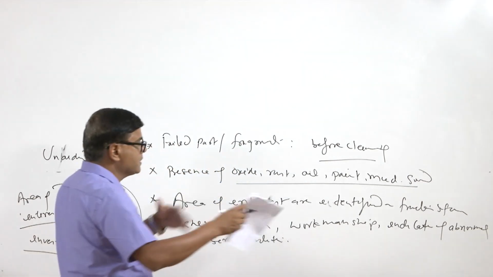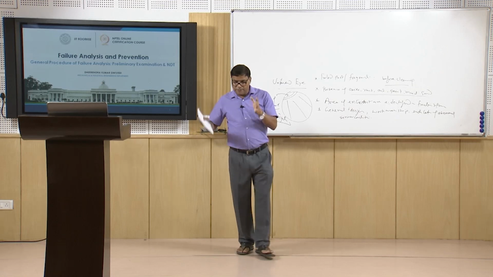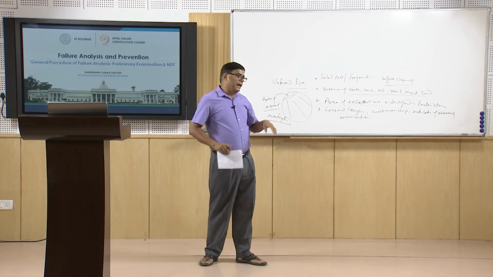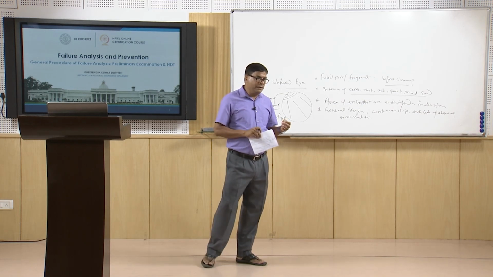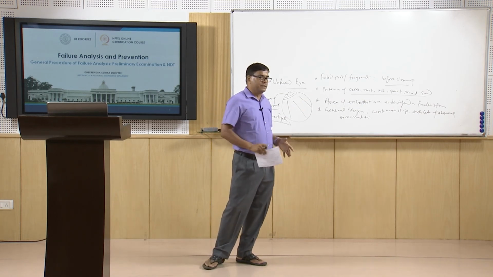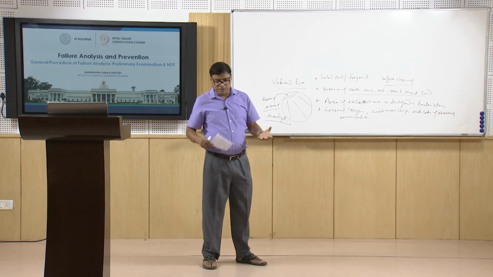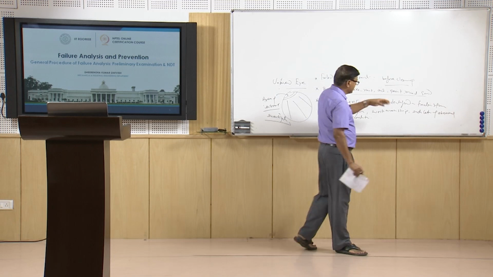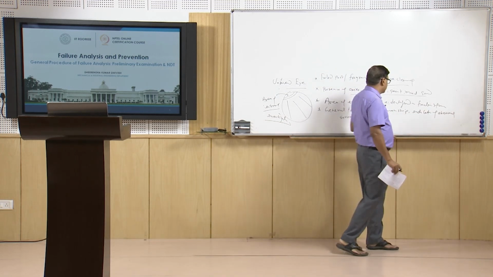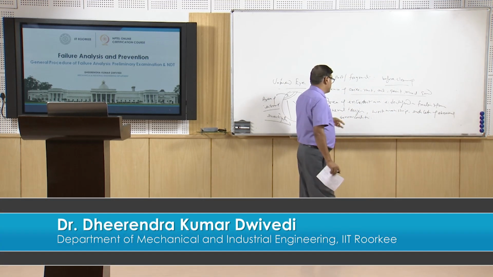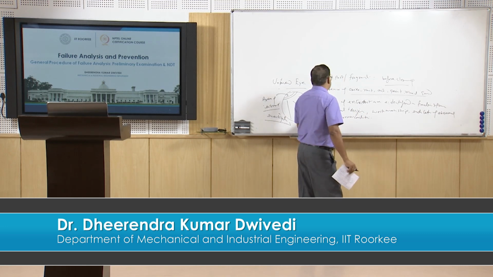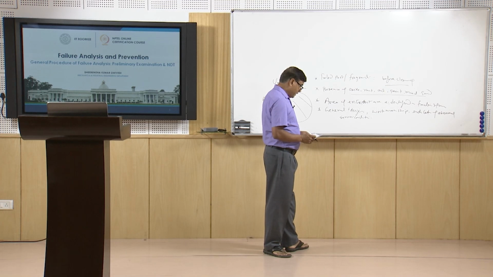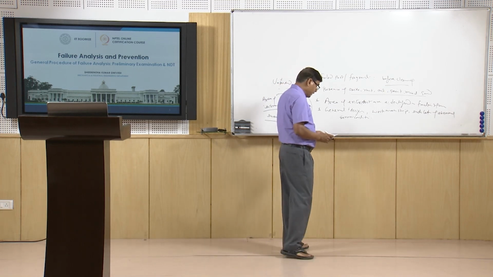If it is expected that the component will work in a particular kind of environment as per the design, and inadvertently the component has been exposed to conditions for which it was not designed, the circumstantial conditions may indicate that the component has been subjected to abnormal service conditions. That also can be identified through the unaided eye.